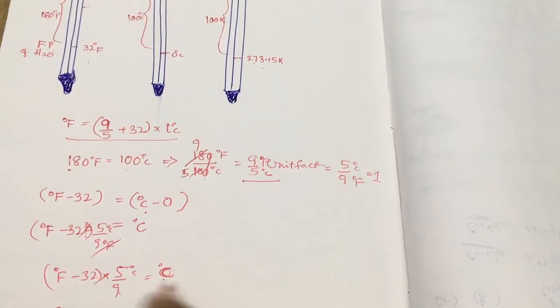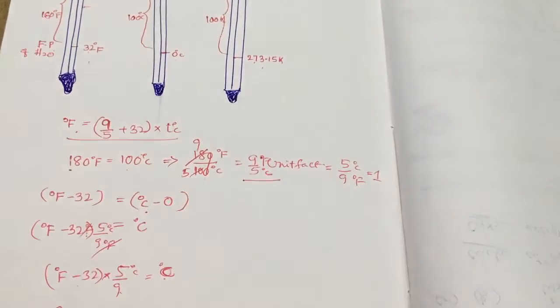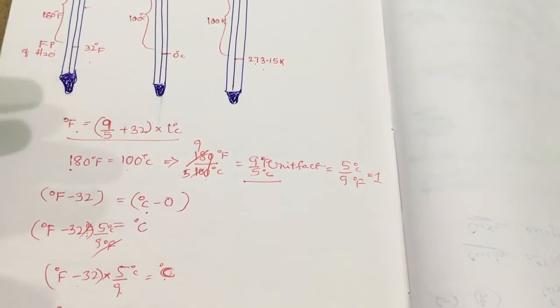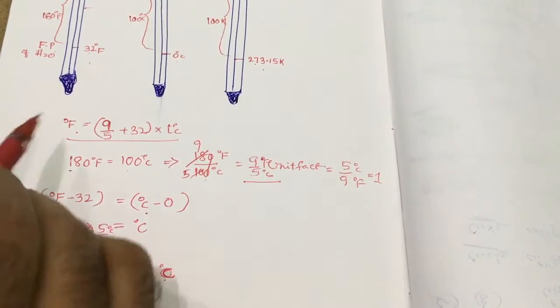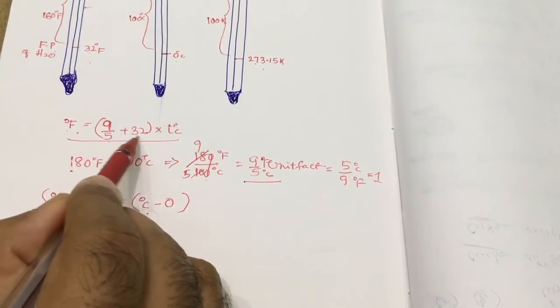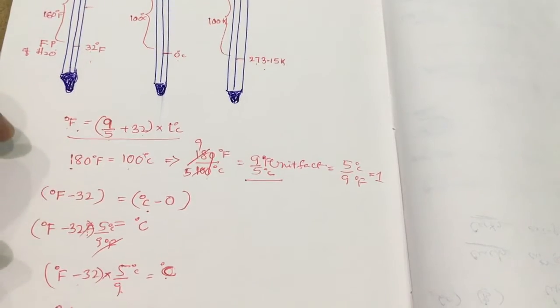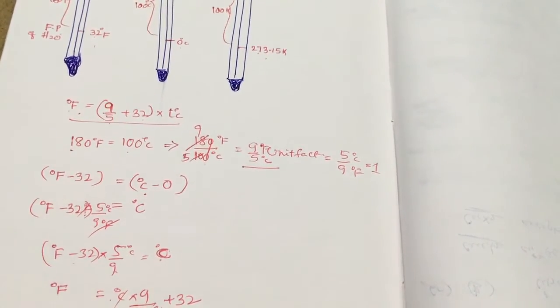And when it comes to the right side, it is plus 32. Now this formula is equal to this one. Sometimes if you are not remembering, you can easily convert it like this.